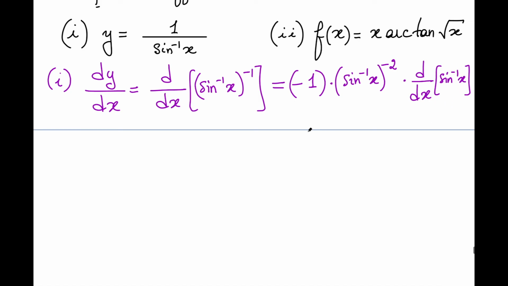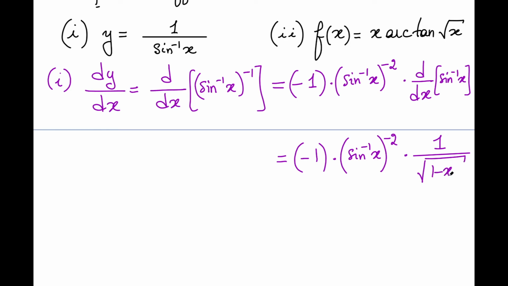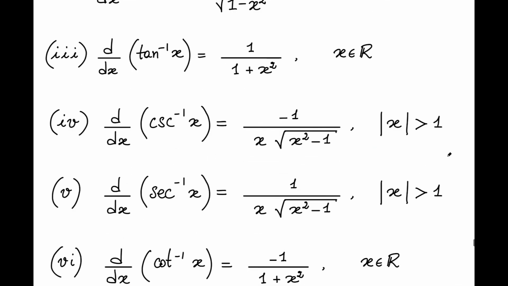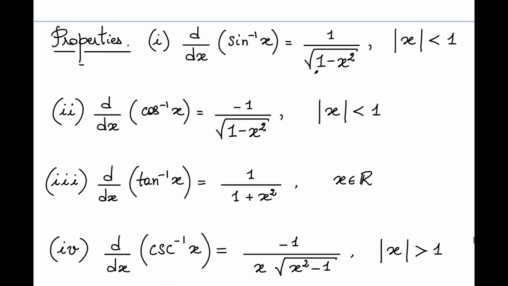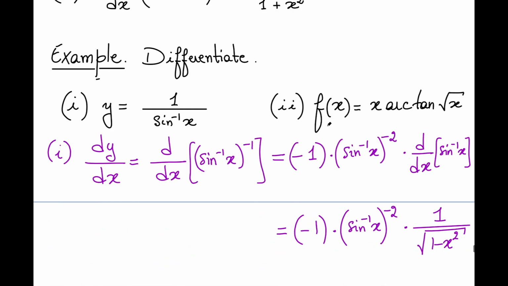We just developed it. This is minus 1 times sine inverse x to the power negative 2, and we just developed this. This was 1 over the square root of 1 minus x squared, if I'm not mistaken. Correct? Check. Right, 1 over the square root of 1 minus x squared.